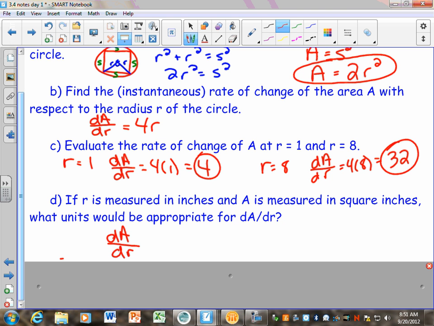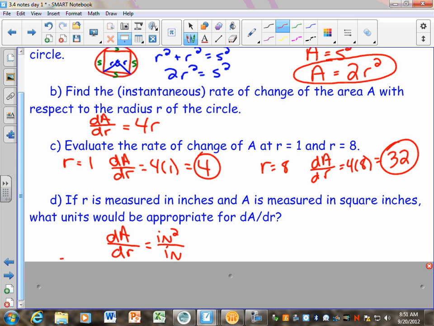And really, it's not a trick to do the units. What are the units of the area? Square inches. And what are the units of the radius? Inches. So we could say the area is changing with respect to the radius in inches squared per inch. Seems kind of weird because they're both in inches.